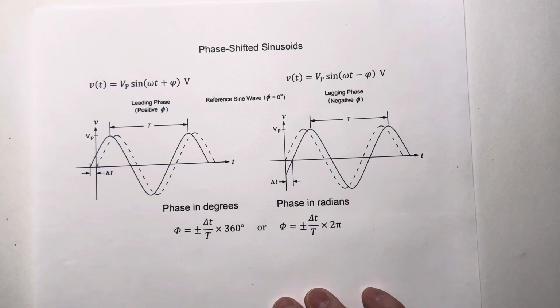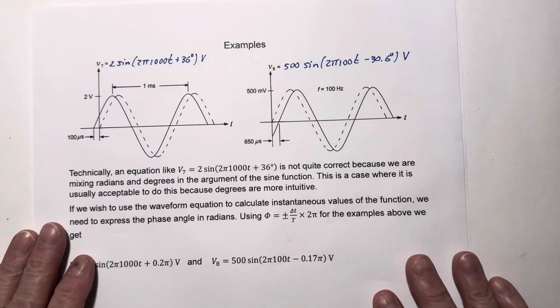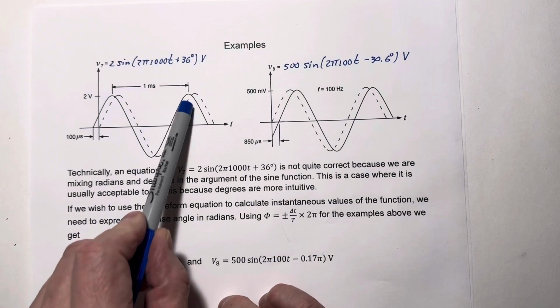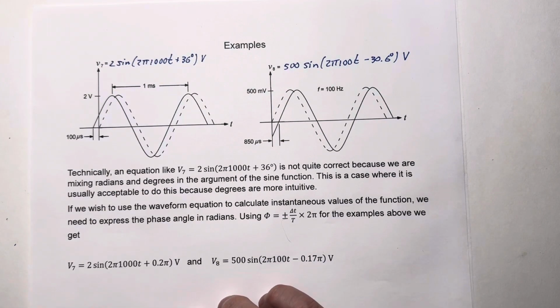Now, the reason I want to mention this is if we look at the two example problems, we calculated a phase angle for this first waveform of plus 36 degrees and the second waveform minus 30.6 degrees.